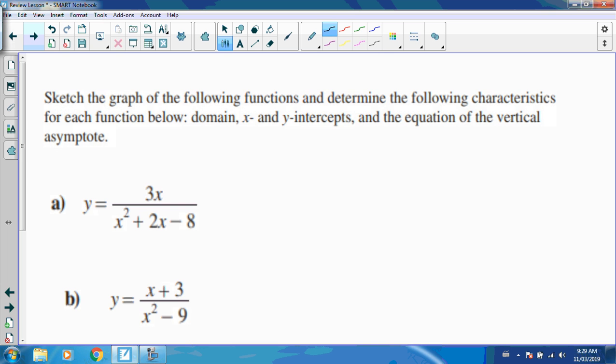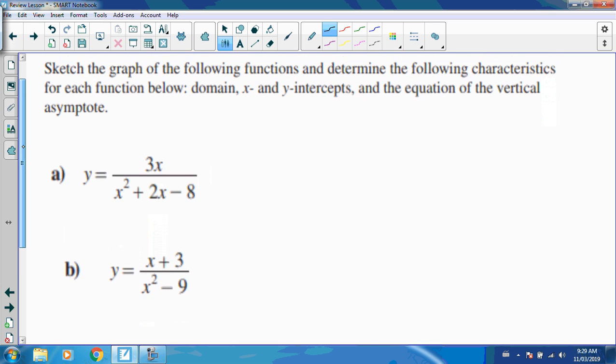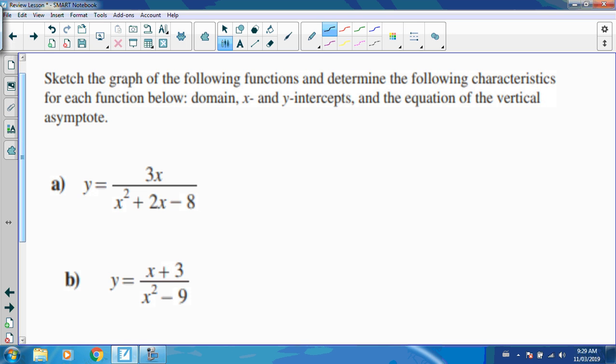In this one, you're just asked to sketch some graphs, and there are two choices. Determine the following characteristics for each function: domain, x and y intercepts, and the equation of the vertical asymptote. So I would say pick this one or this one, your choice, and then try and find that information, just as a practice. All right, what else we got here? Let's see.